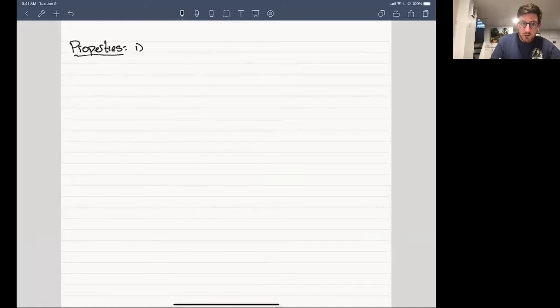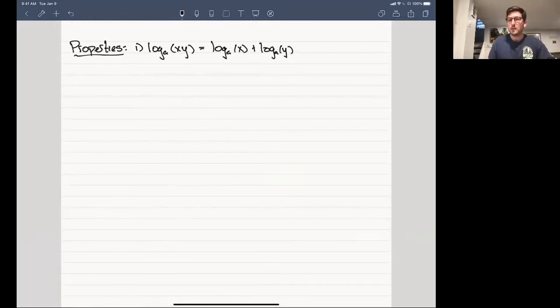But one of them is we have the product rule. So if we do log base a of x times y, this is log base a of x plus log base a of y. This is the first rule from logarithms, essentially. We have the quotient rule, x divided by y.